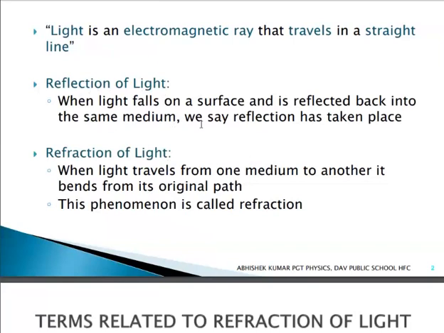So far, we have already discussed reflection. When light falls on a surface and is reflected back or bounced back into the same medium, we say reflection has taken place.